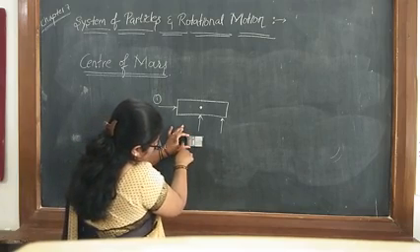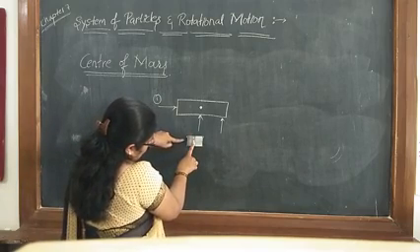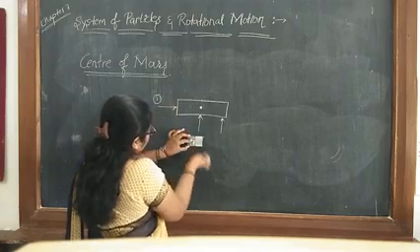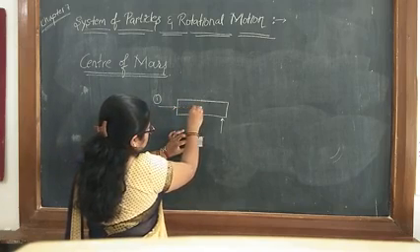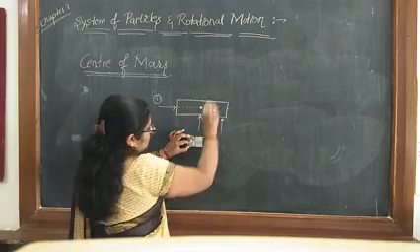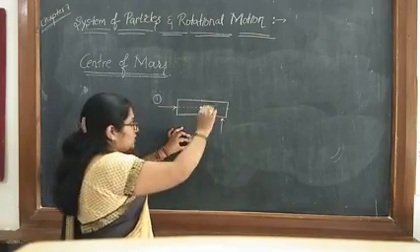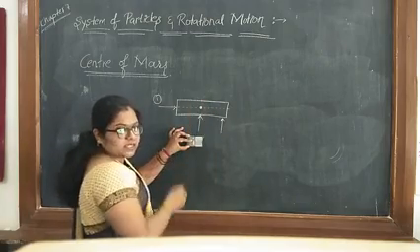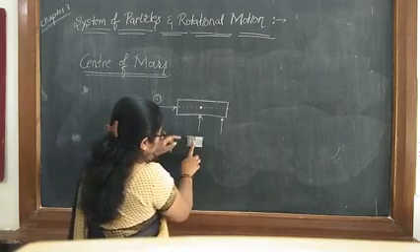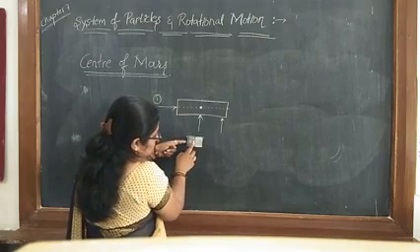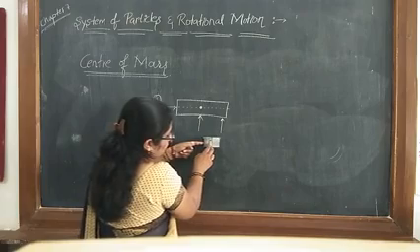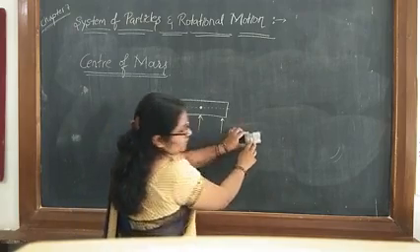I am applying the force exactly here, and the line of action of the force is passing through the center of mass. So that force will cause the body to show linear motion in this direction.